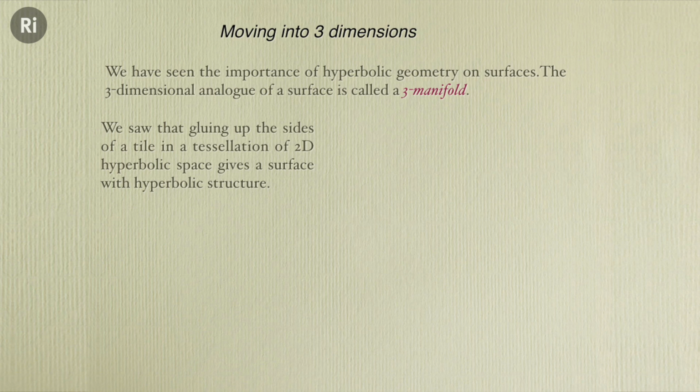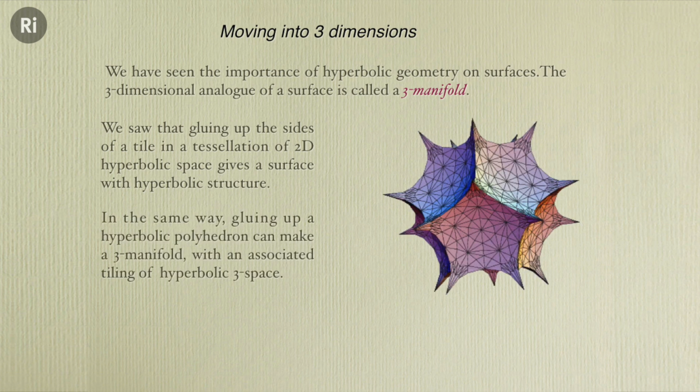Well, we've just seen how to make a surface by gluing up the sides of a hyperbolic octagon. So supposing we took a hyperbolic polyhedron, and supposing we glued up the faces, if we were lucky, we could fix the angles so it would all work, and they'd have to fit round the edges nicely, and they'd have to fit right at the corners.